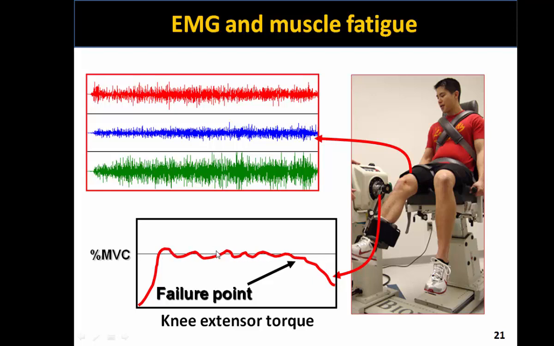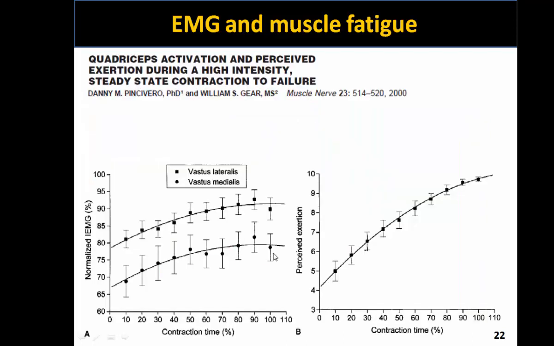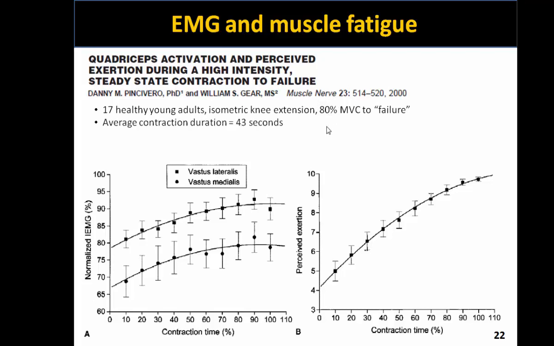There's going to be a little bit of variability around the target, but for the most part, this is a constant isometric force level, and we're going to examine what happens to the EMG signal. In this particular study, 17 healthy young adults performed that isometric knee extension at a very high level of intensity, 80% of their maximal voluntary contraction.